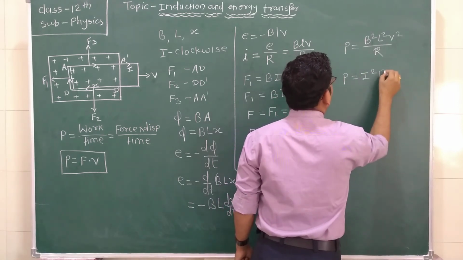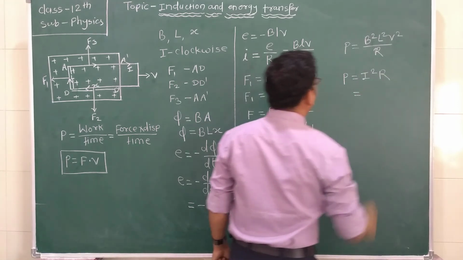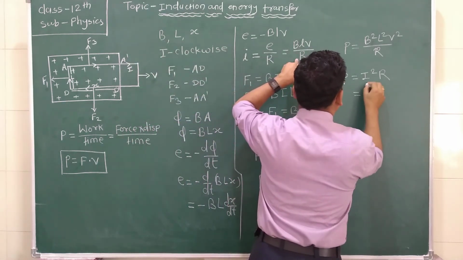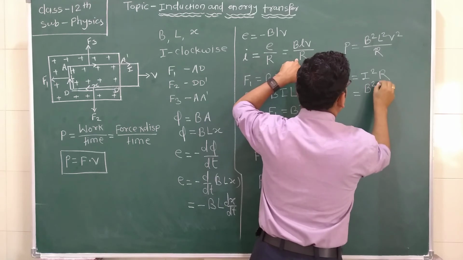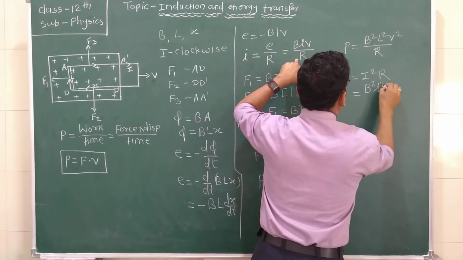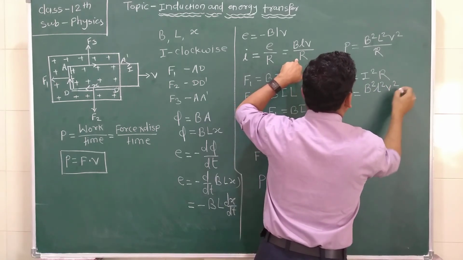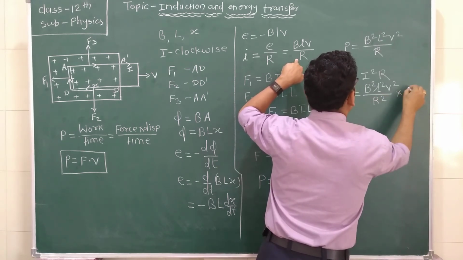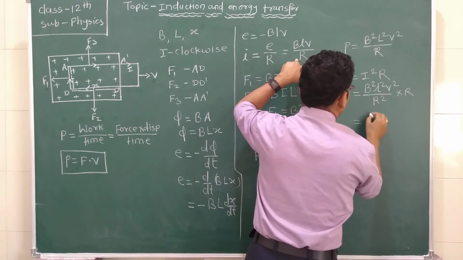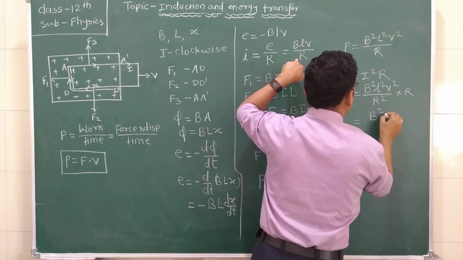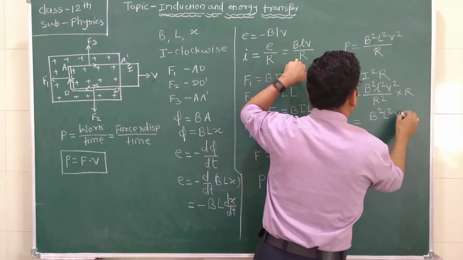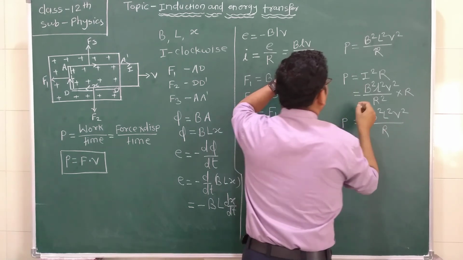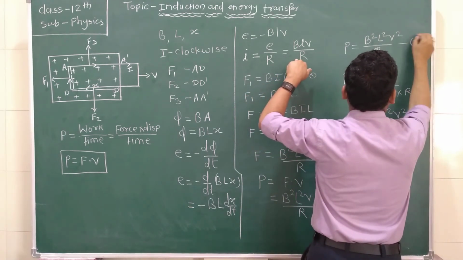We also know P is equal to I squared R. With I equal to BLV upon R, the square is B squared L squared V squared divided by R squared, multiplied by R. So again we get B squared L squared V squared divided by R. So we are getting two equations here.